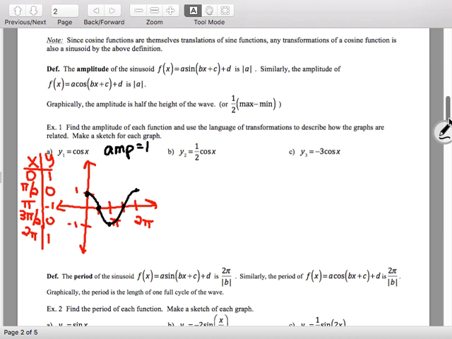Let's move through this. I like to do mapping notation. That's the way I like to do it. You don't have to do the mapping notation. If your teacher, or if you go to Math Lab, you can do the translation shifts and do it that way.